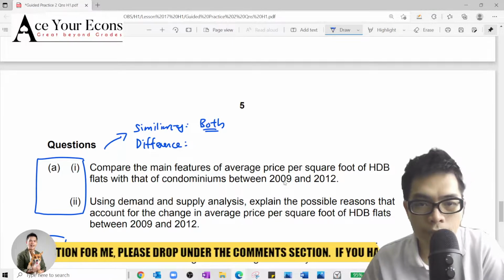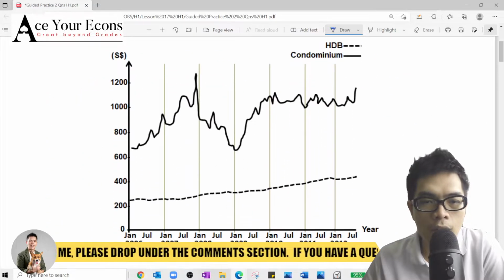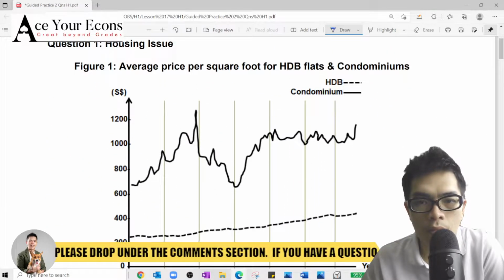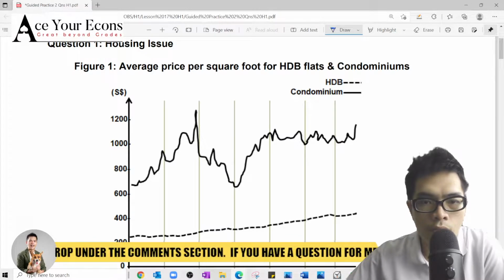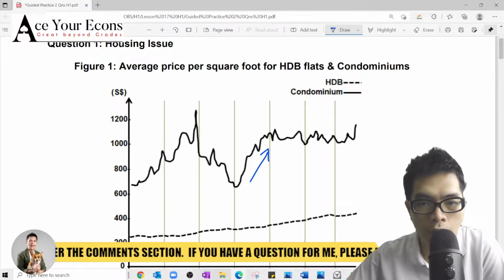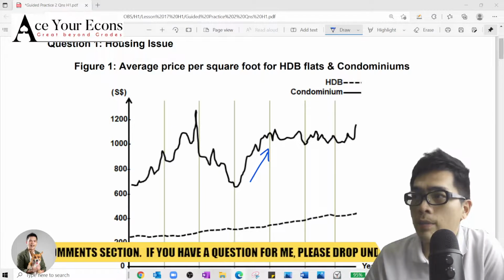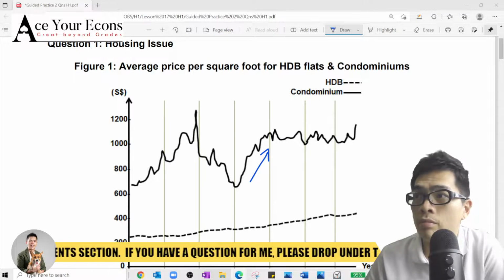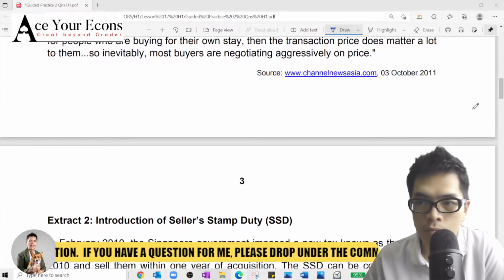Cheryl, go ahead. The average price for the condo increased to a larger extent, with the largest increase in 2009. So there is a sharp increase for condo price, right? Do y'all accept that? Accepted.